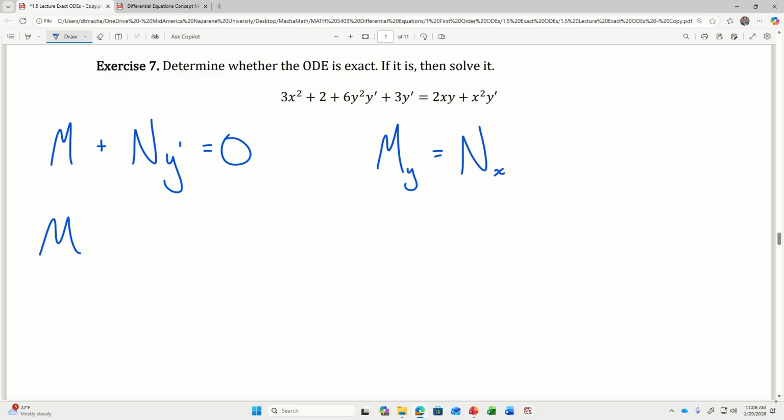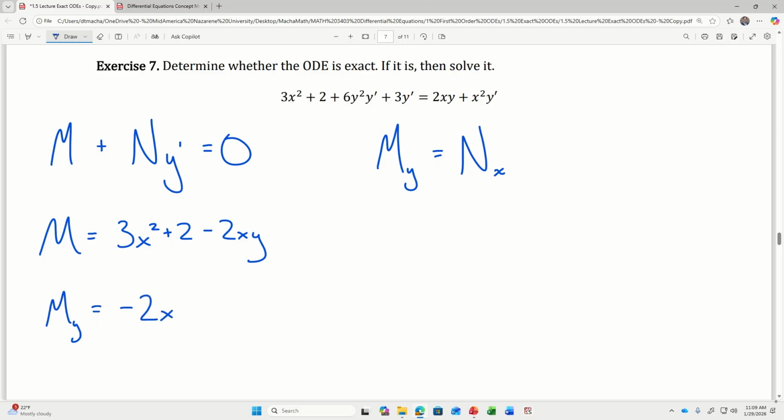So what is going to be my capital M? X squared plus 2 minus 2x. Very good. What is the partial of capital M with respect to y? Negative 2x.